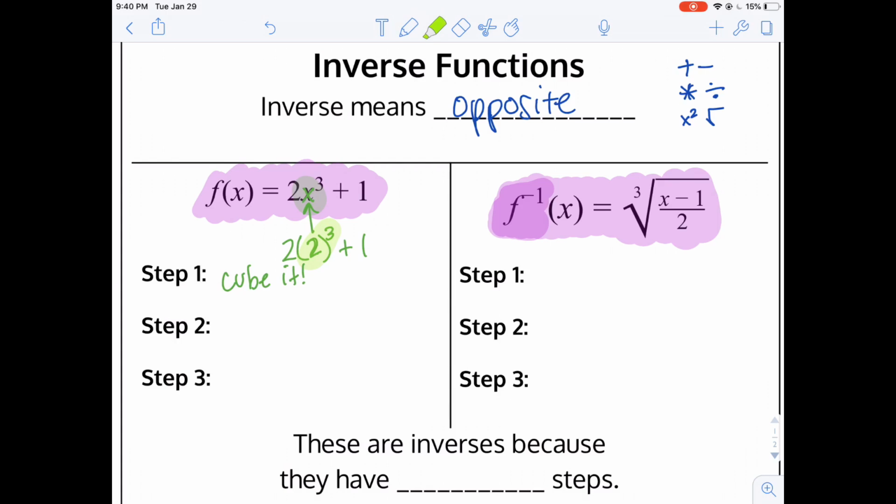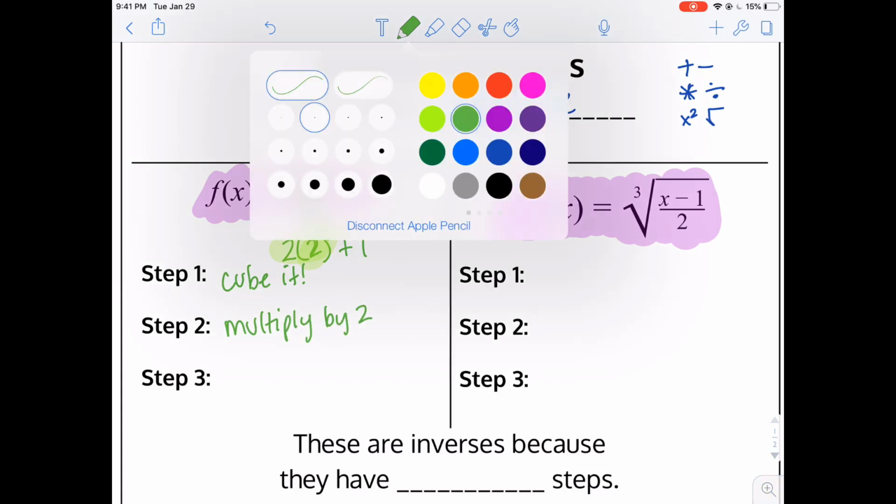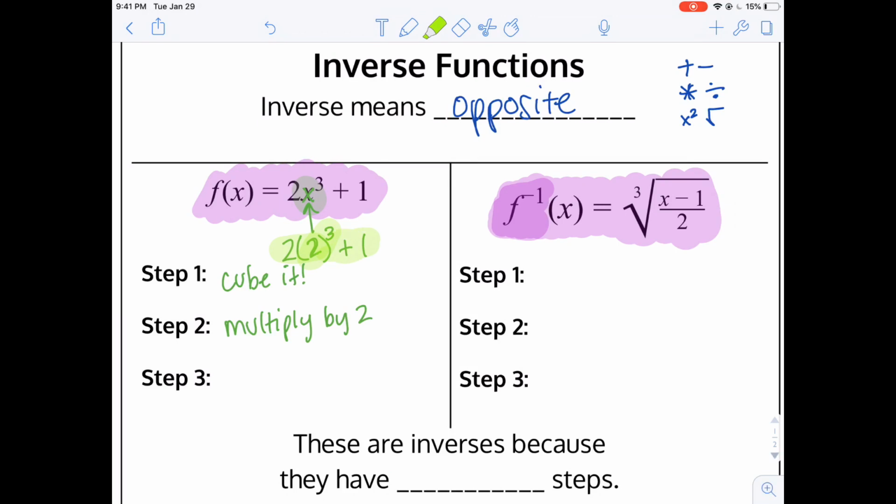I'd do 2 cubed. From there, I would take whatever I got and multiply by 2, and then whatever I got from there, I would add the 1. That's my last step, to add 1. Those are my 3 major steps if they gave me a number for x.